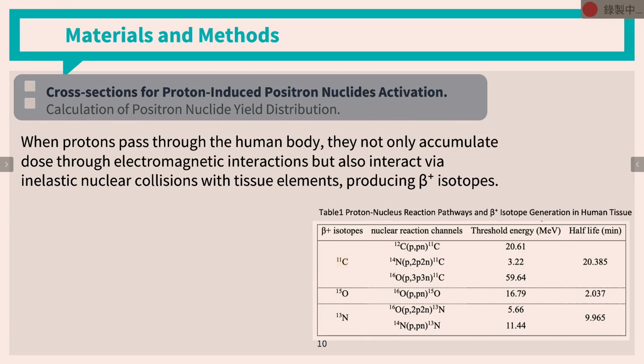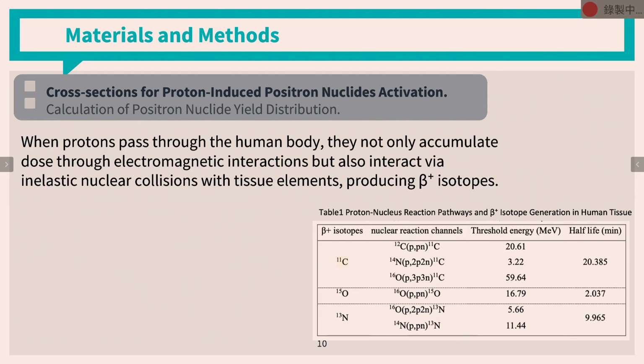The main elements in the human body are carbon, hydrogen, oxygen, and nitrogen. As shown in Table 1, the major proton-induced positron-emitting nuclear reaction channels include only 6 channels.